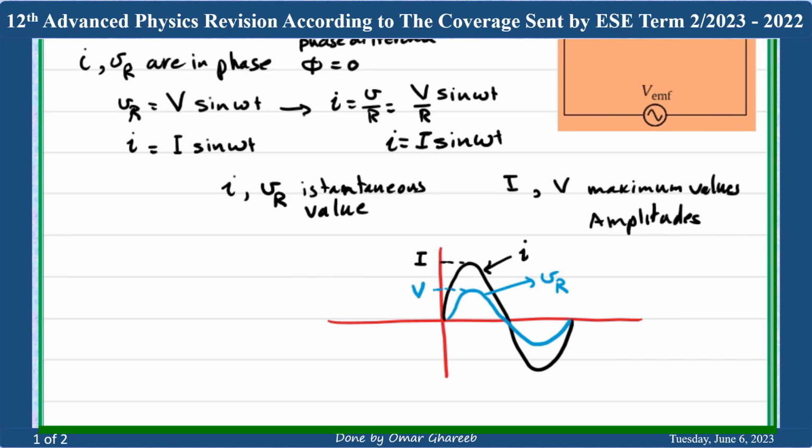Don't say that the current is greater than the voltage. It is not to scale. You cannot compare the magnitude of the current with the magnitude of the voltage. They are two different quantities. So don't think that the current is greater than VR. We can draw the same situation like this.